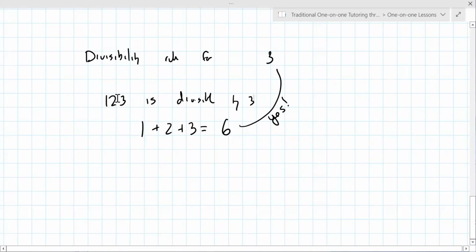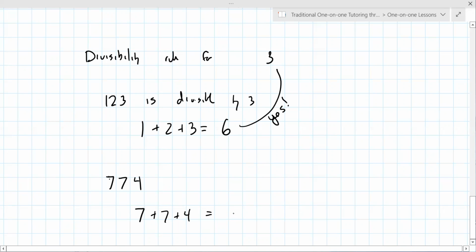Okay, so sometimes it doesn't look like it. Like here's one, 774. You add up the digits, 7 plus 7 plus 4. What does that add up to? 16.